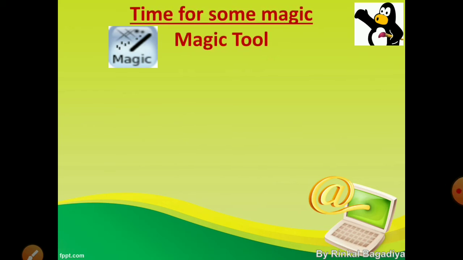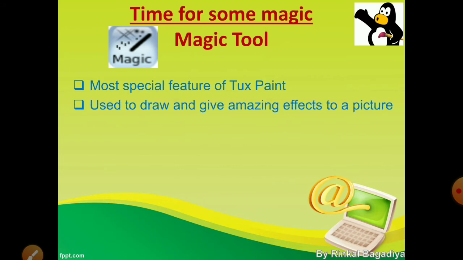Magic tool. Children, it's time to create some magic on the canvas. We have learned earlier that Tux Paint is a very interesting drawing program. So now it's time to prove this using the magic tool. Magic tool is a special feature of Tux Paint. We can use the magic tool to draw and give amazing effects to a picture.